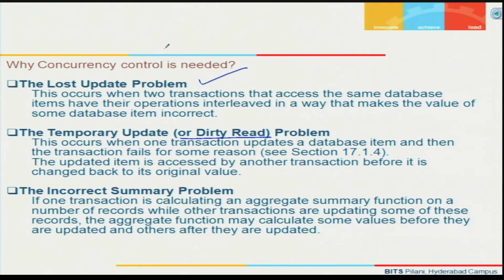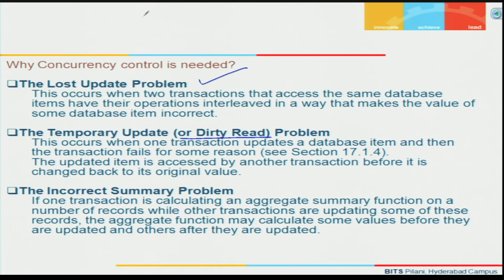When you have concurrent transactions, that is, when instructions of multiple transactions are executed in an interleaved fashion, if the final result of that concurrent schedule is the same as some serial schedule, that is, executing the transactions in that schedule in a serial fashion, then such concurrent schedules are more preferable, because I am not going to face any problem with respect to concurrency, and at the same time, because of the concurrency, I am going to increase the throughput.